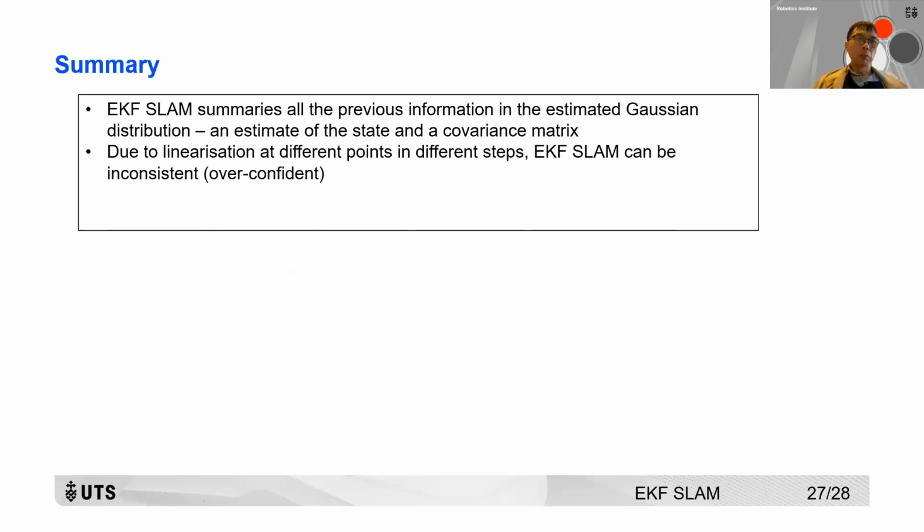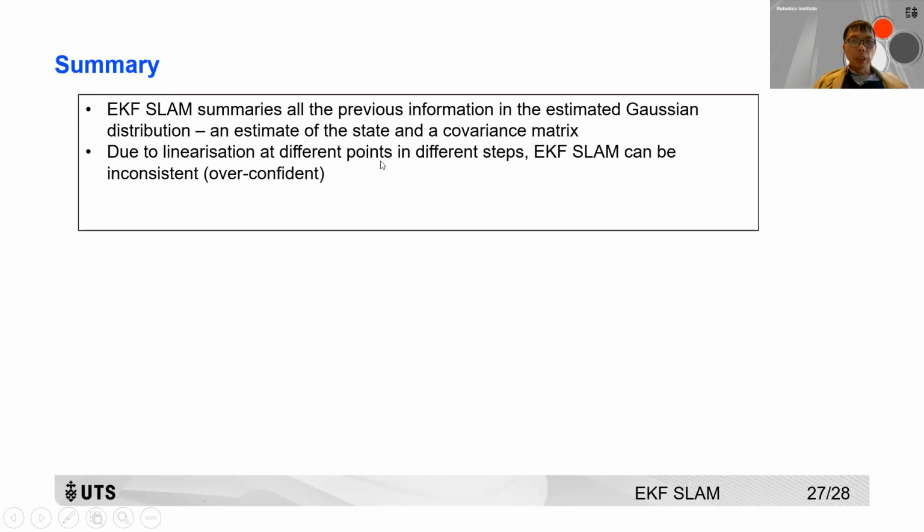So this makes the overconfidence problem. The reason is that the linearization is taken at different points in different time steps, because the feature position keeps improving and you're changing the linearization point.